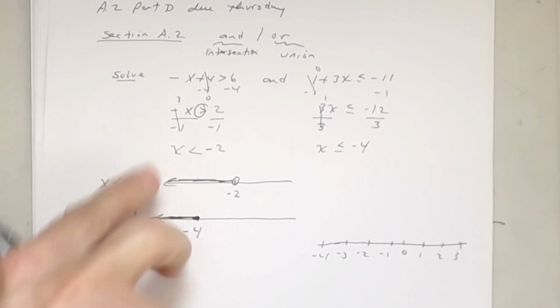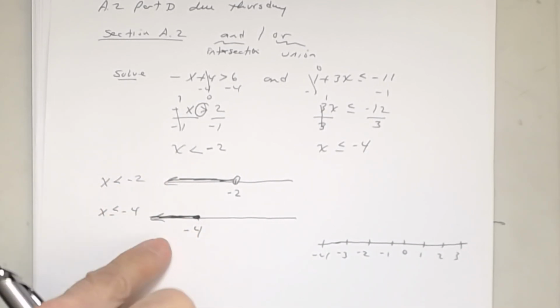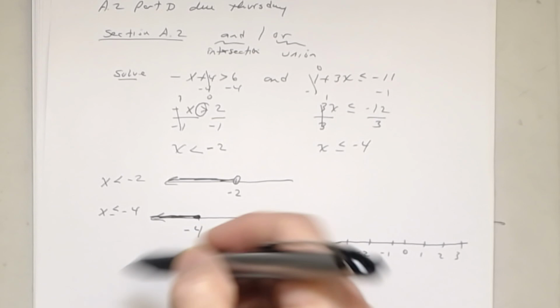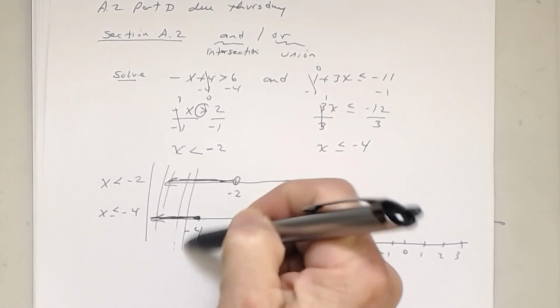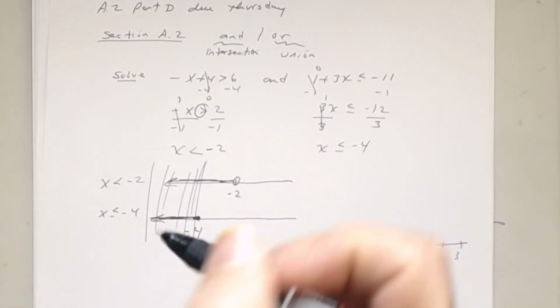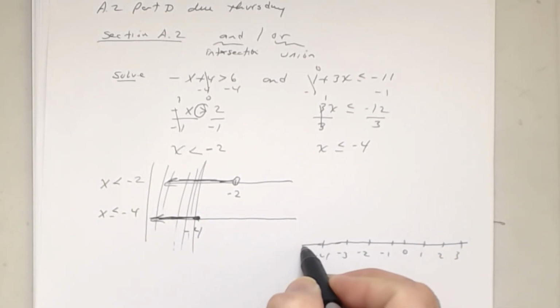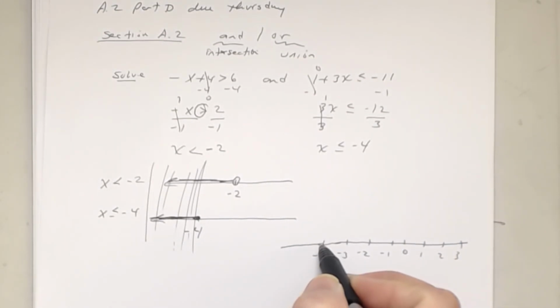So given the graphs of each inequality, how do you determine what the solution to the compound inequality is? Where they intersect, where they overlap. So they overlap here, right? They stop where? Negative 4. So my solution would start with negative 4 and going which way?